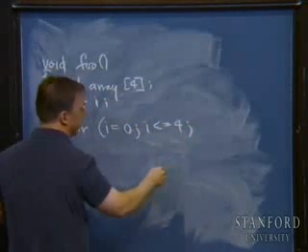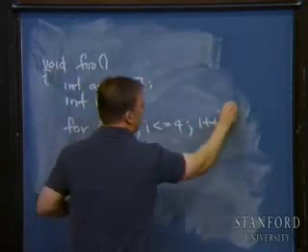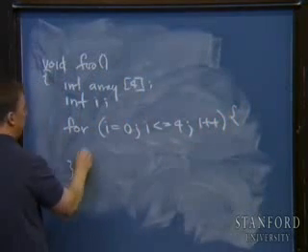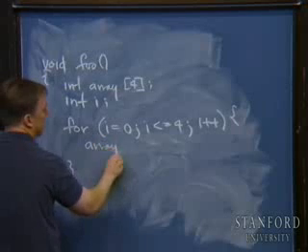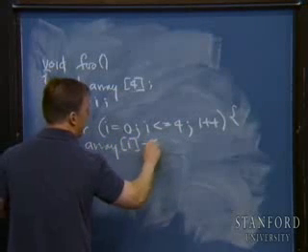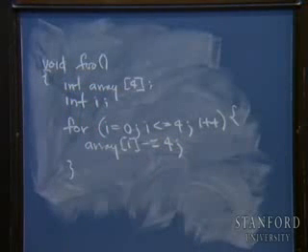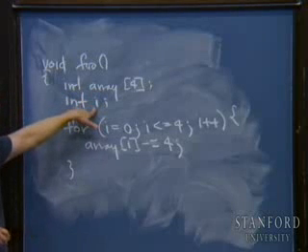The error is the same. The for loop issue is exactly the same. But I do this. And the fact that array is not initialized, well, that's a weird thing to do to an uninitialized array slot. Notice that the array is above i this time.